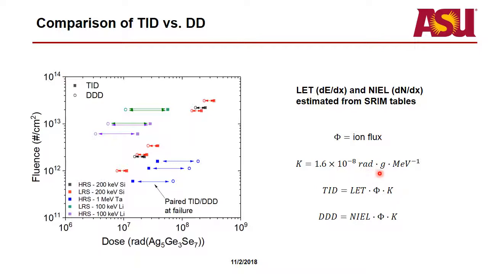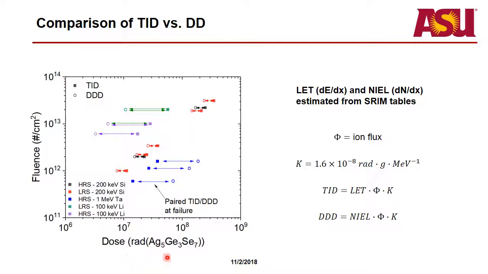So you have K, which is a conversion factor going from MeV per gram to rad. We take those dE/dx values for the LET and the non-ionizing energy loss, multiply by the fluence of ions and that scale factor, and then that puts both these values into rad units.